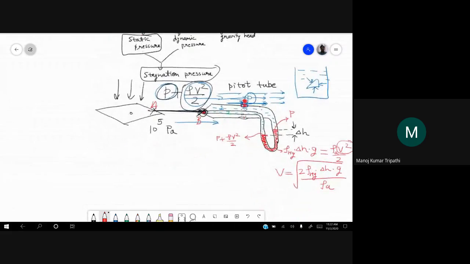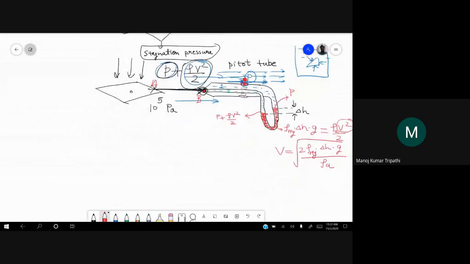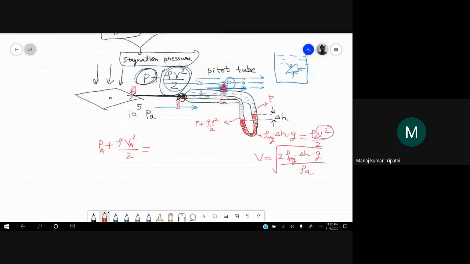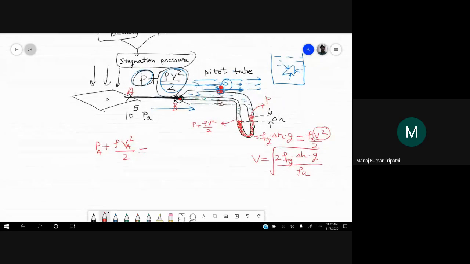P plus rho V square by 2 at A will be PA plus rho VA square by 2. This is equal to, we are saying that at point B velocity becomes 0, so there is only PB. So pressure at B is PA plus rho VA square by 2, and that is what we want.